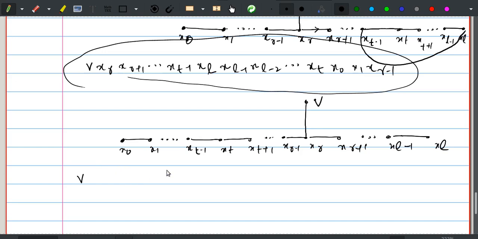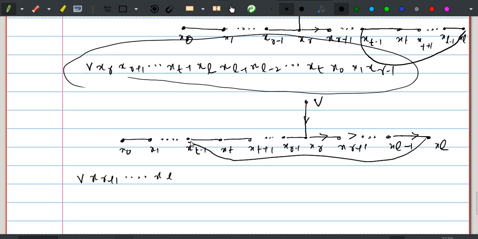then we reach XR plus 1 and proceed till XL, and finally we reach XL. Now XL is adjacent to XT minus 1, so from XL we can directly jump to XT minus 1. Once we reach XT minus 1, we can travel this path backwards.